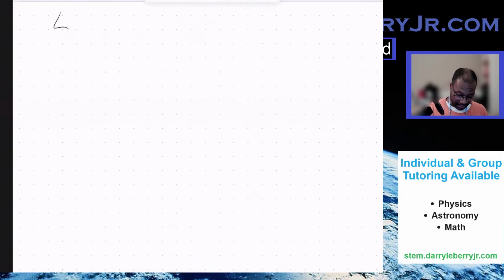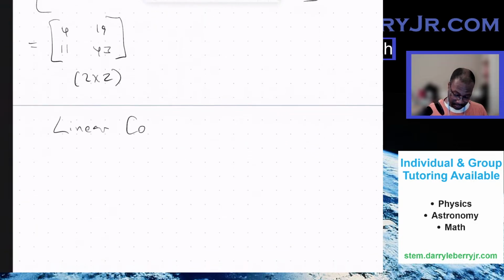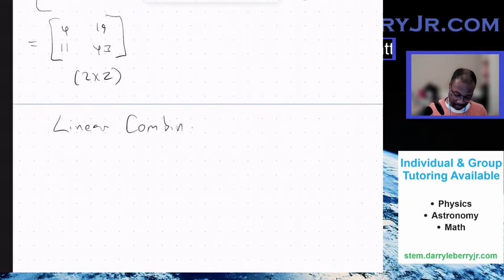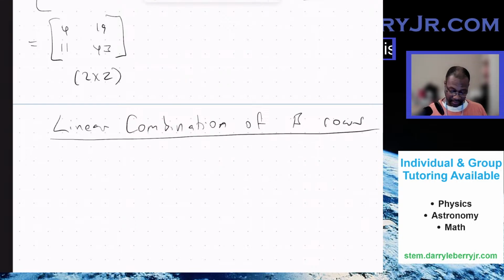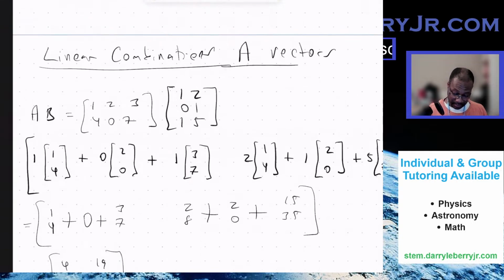And this one will be a linear combination of B rows. So either a linear combination of A vectors or a linear combination of B rows.